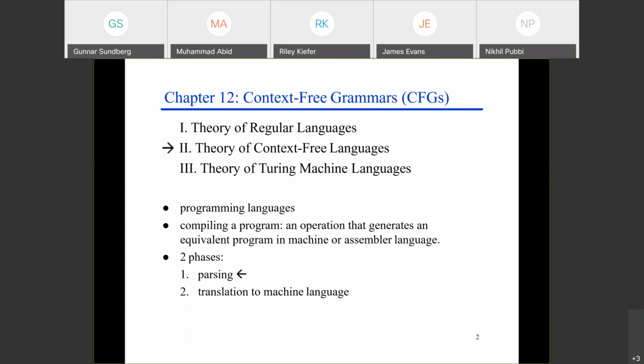So what happens when your language, let's talk about the English language. English language by nature is an infinite language. It has a set of alphabets, set of characters, set of words.